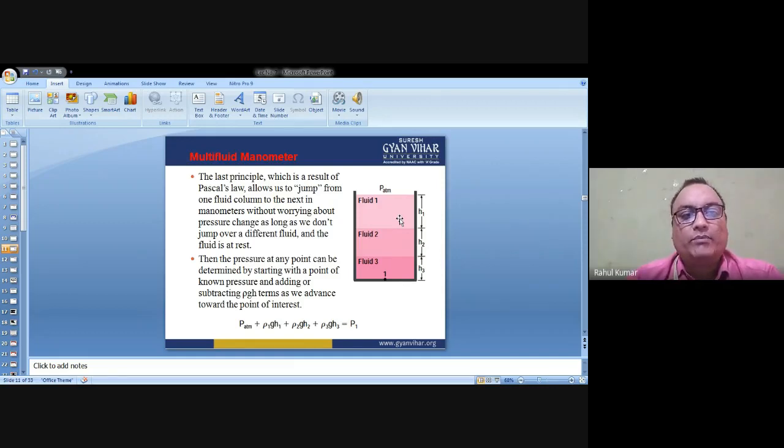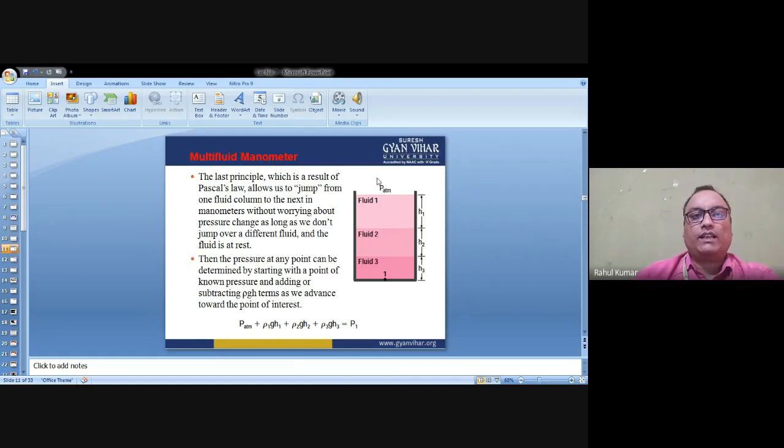Then the pressure at any point can be determined by starting with a point of known pressure and adding or subtracting rho gh terms as we advance toward the point of interest, just like P atmosphere plus rho 1 gh1 plus rho 2 gh2 plus rho 3 gh3 equal to P1.